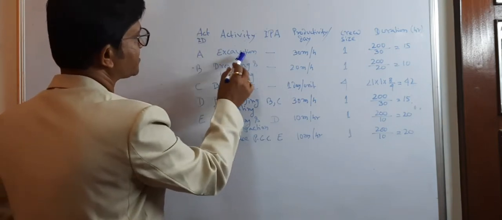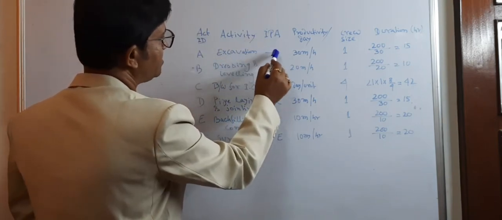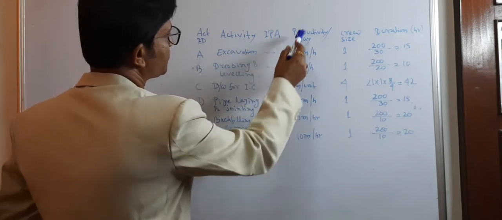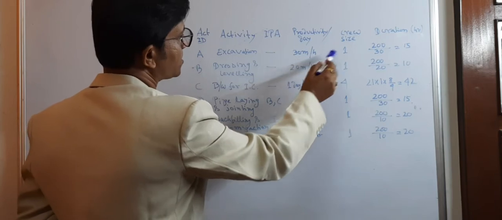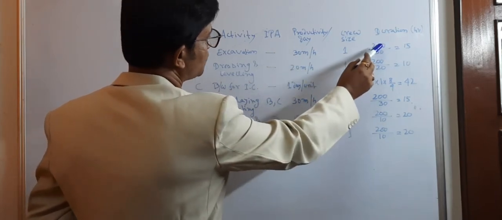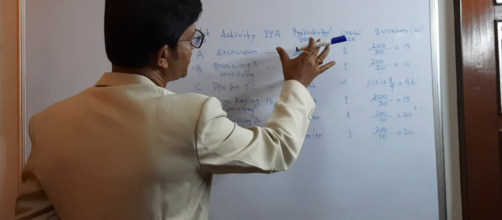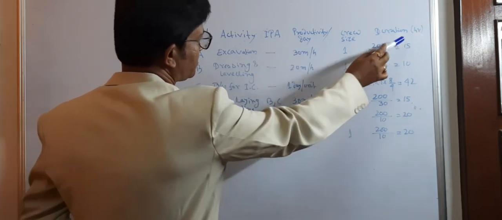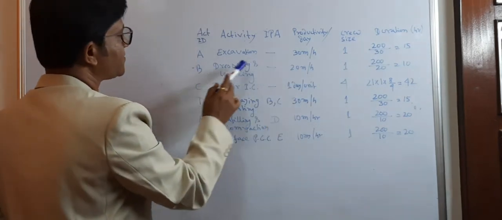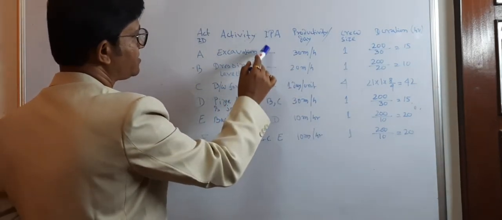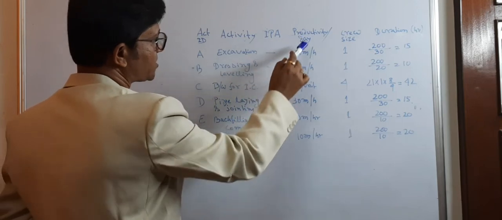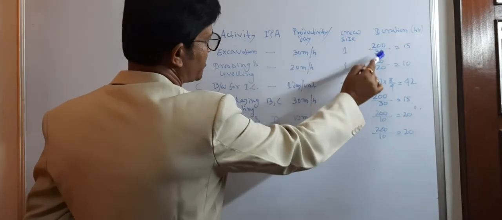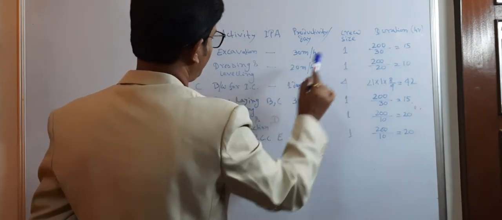Activity ID A is excavation, IPA is nil, it does not have any inter-precedence activity, and the productivity is 30 meter per hour, queue size is 1, so duration is 200 by 30, where 200 is the length of this sewer line, and 30 meter per hour is the productivity, so this is 15 hours. B is the dressing and leveling, the inter-precedence activity is nil, and the productivity is 20 meter per hour, queue size is 1, so this duration is 10 hours.